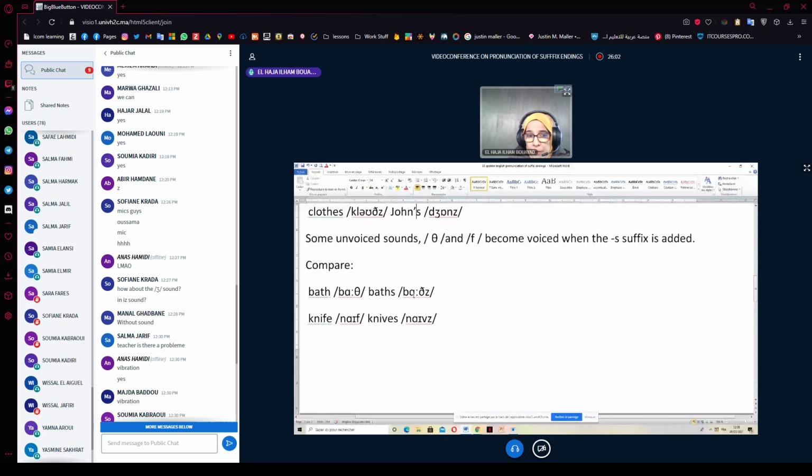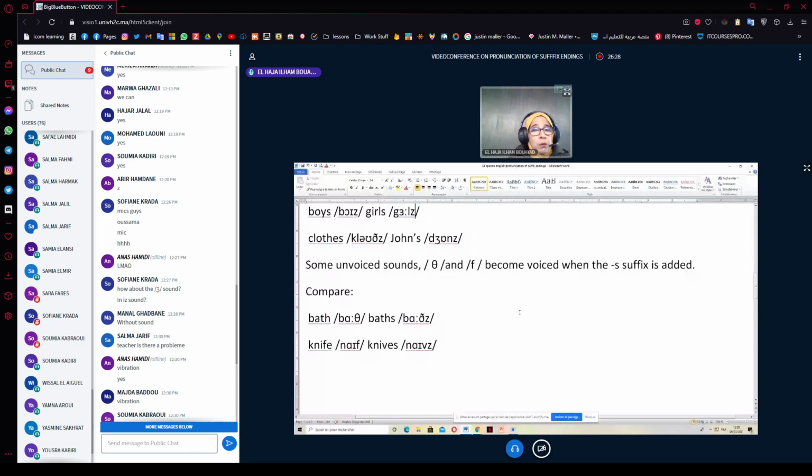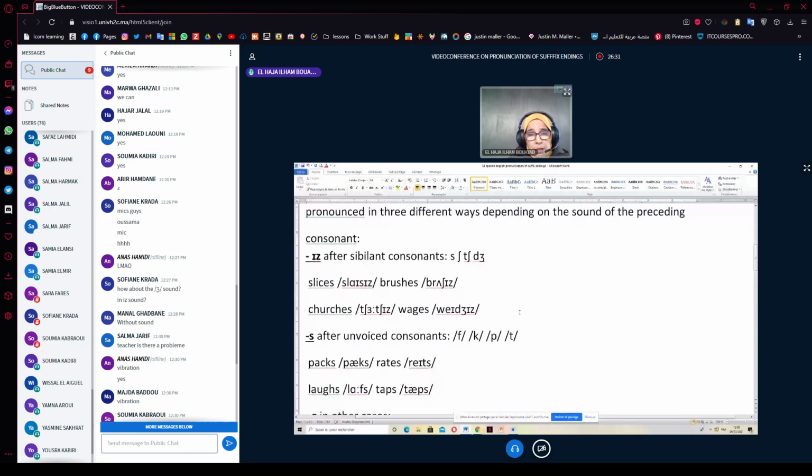We have knife, knives. You see that the F becomes V, and automatically when it becomes voiced, we don't pronounce S, we pronounce the suffix ending as Z. So this is all for the plural morpheme or the plural suffix or the third person singular morpheme, that is, he speaks, he works, etc. Or the genitive.